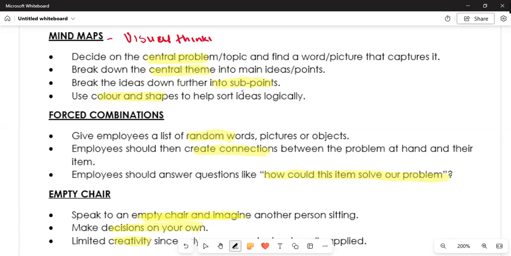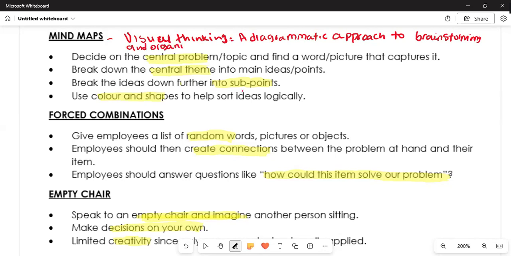We are going to talk about a diagrammatic approach to brainstorming and organizing ideas.